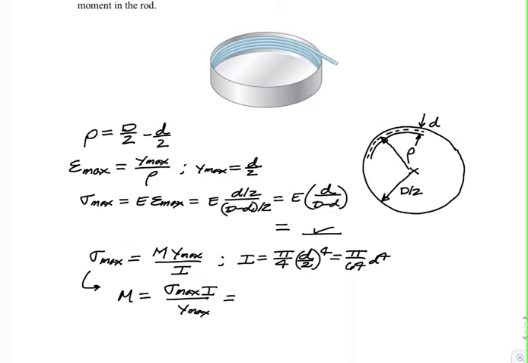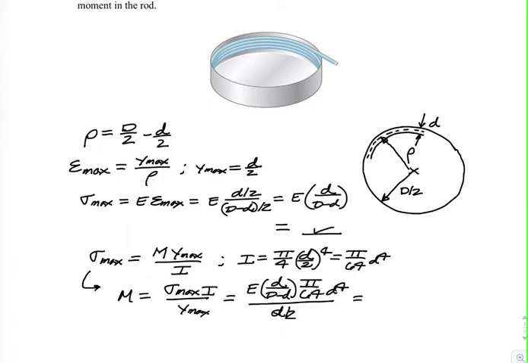The sigma max, we said, was E times the ratio of d to D minus d. I, we said, was equal to pi over 64 d to the fourth. And y max is equal to small d over 2.